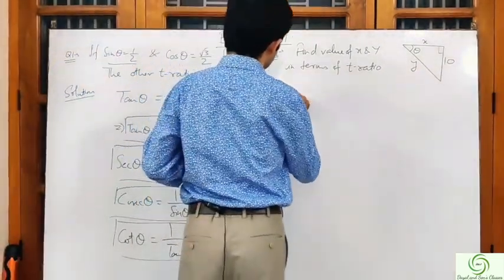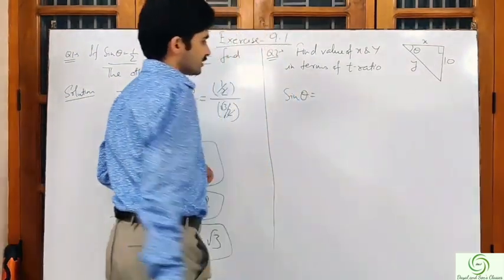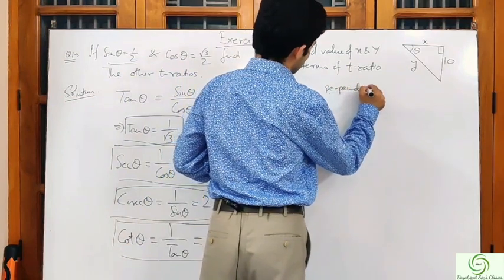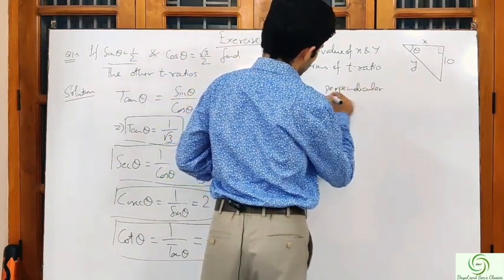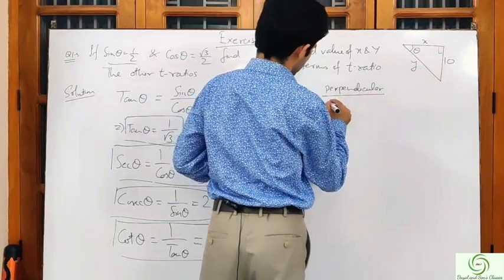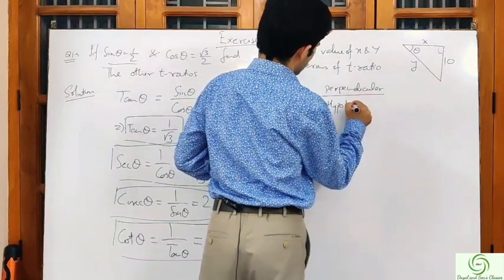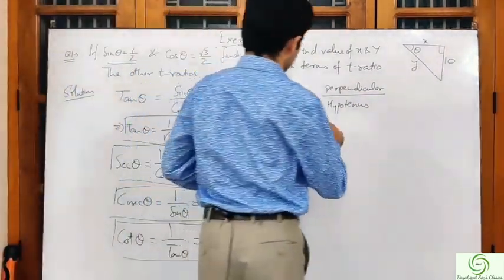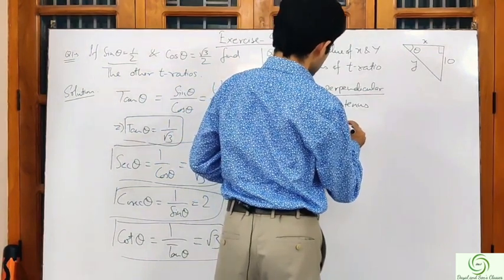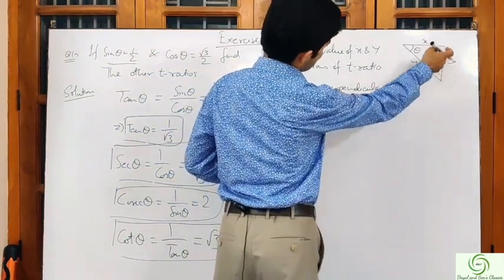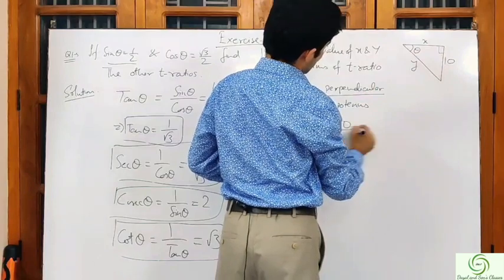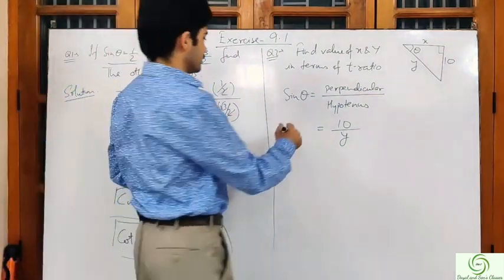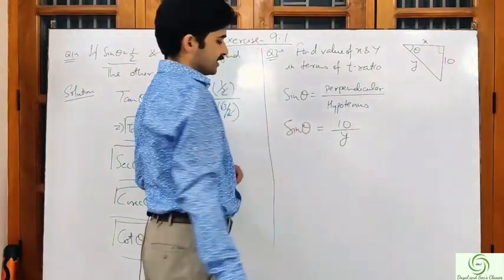Now we know sin theta is equal to perpendicular upon hypotenuse. Now the perpendicular value is 10 and hypotenuse is y, so 10 upon y is equal to sin theta.